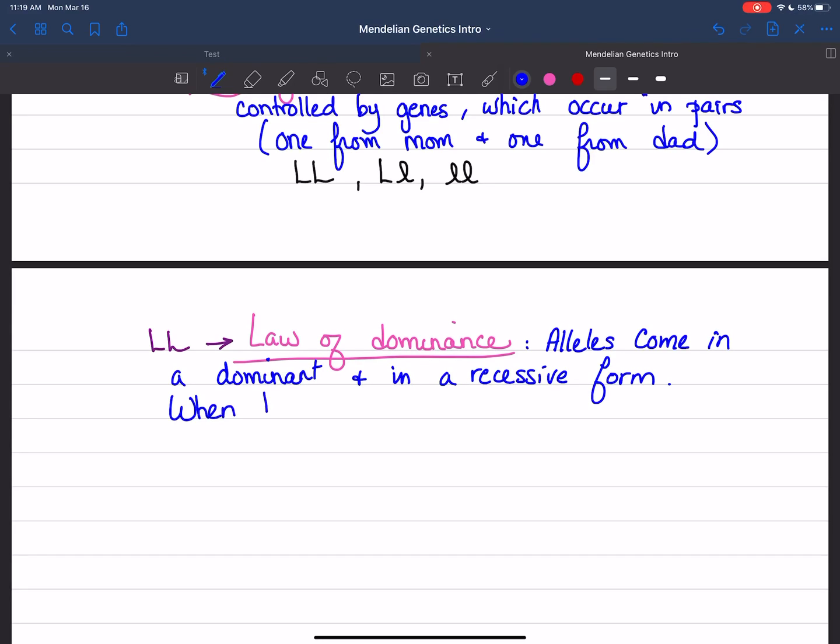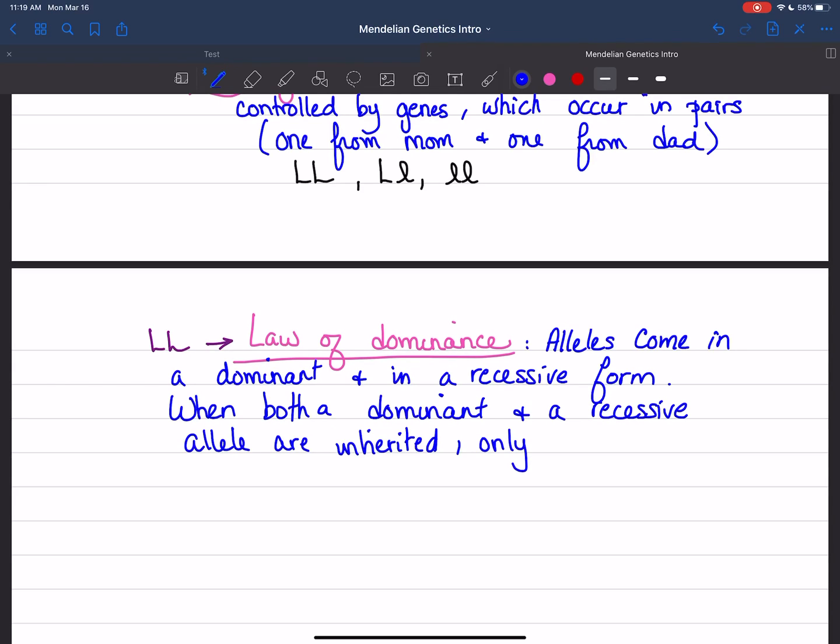And when both a dominant and a recessive allele are inherited, only the dominant will show as a trait.